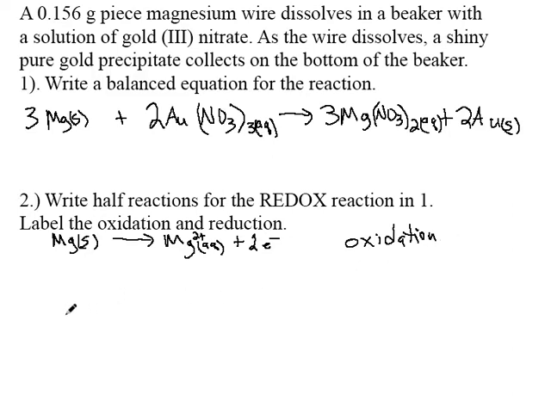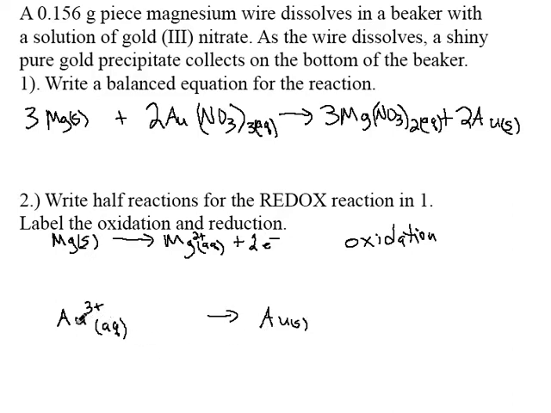The other half reaction involves the gold. In the reactants, the gold is found in the form of gold 3 nitrate, which means that the gold is Au3+. It's in an aqueous solution, and through the reaction it is transformed into solid gold, which is just Au solid.